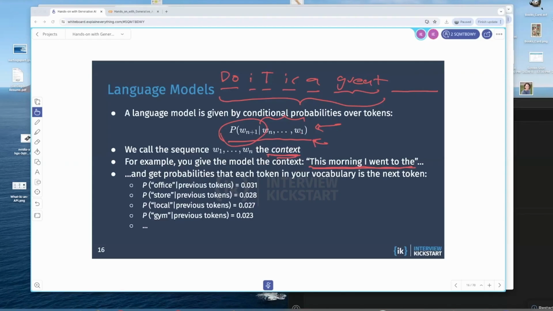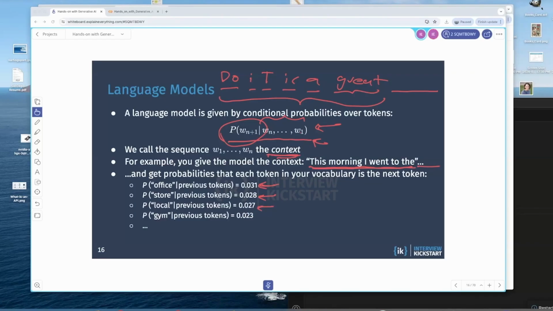Then I took all of the next tokens and sorted them in descending order of probability. The most probable token is office, with a probability of 0.031, so basically a 3% chance. The language model said there's a 3% chance the next word in that sequence is office. Then there's also close to a 3% chance that the next word is store, but it's slightly less likely.